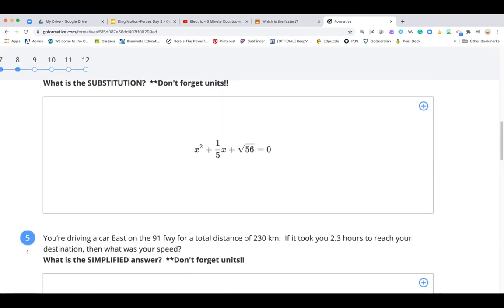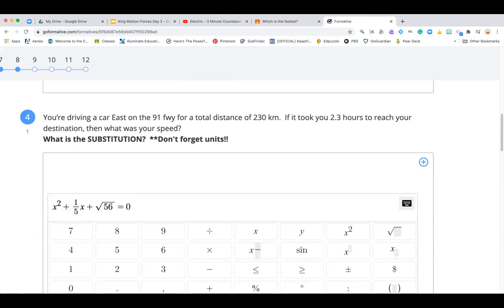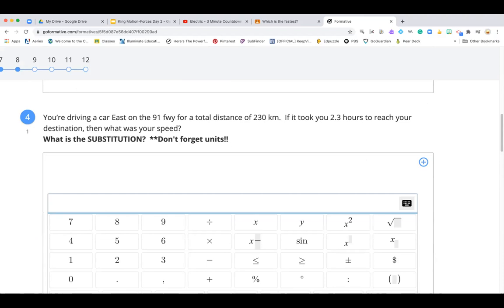Okay, so on number 4, I hit the blue plus sign and this crazy equation comes up. I'm gonna click on it. There you go. That's okay, Eliza, I just saw your comment. And I'm going to delete this equation and I'm gonna substitute in. So again, I wanna do capital S equals. But now this time I'm gonna put the value with units.